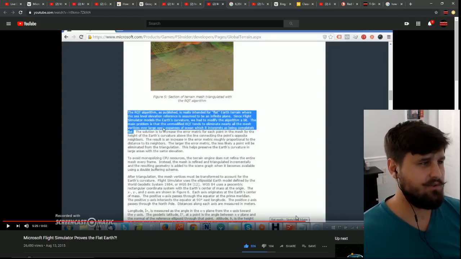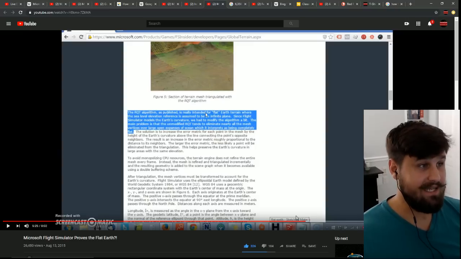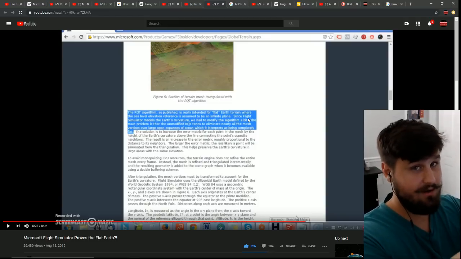And there's a couple interesting things they say here. This is right off Microsoft website in regards to the Microsoft Flight Simulator game. The RQT algorithm as published is really intended for, quote, flat Earth terrain, where the sea level elevation reference is assumed to be an infinite plane. Mind you, this is from the official Microsoft.com website.